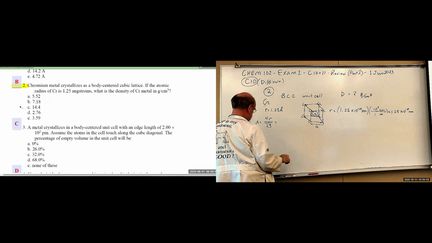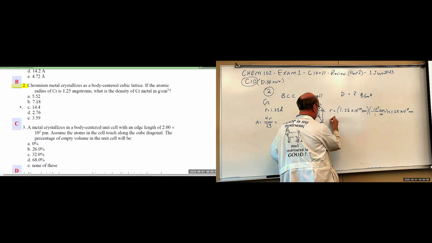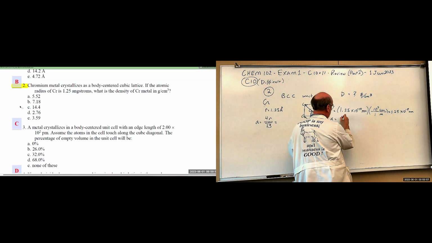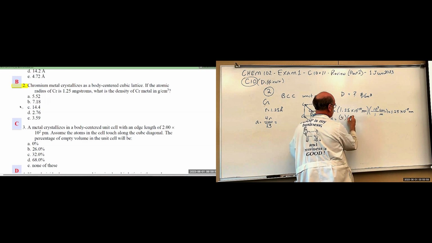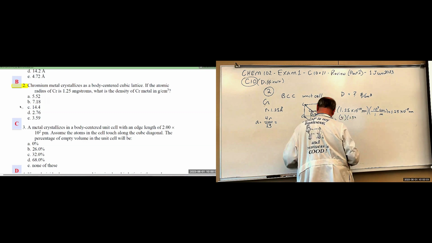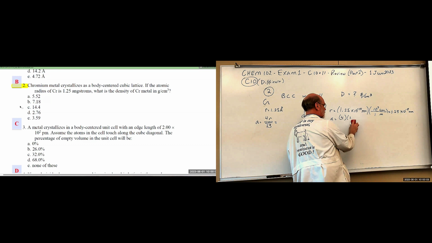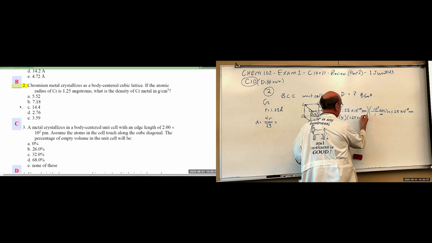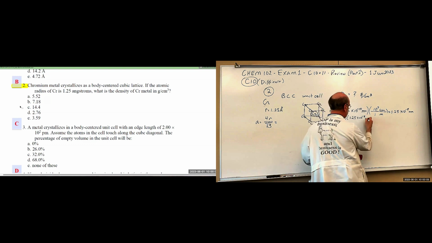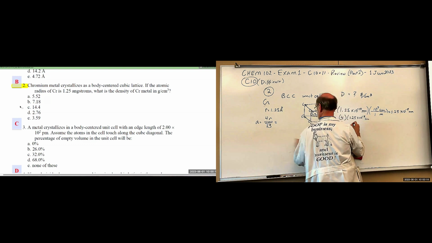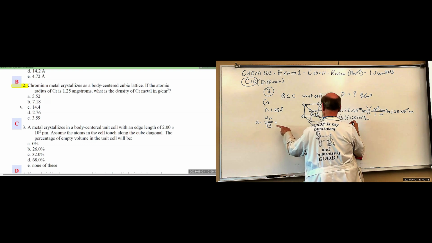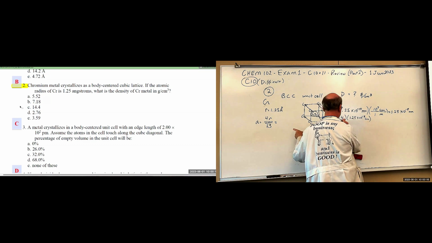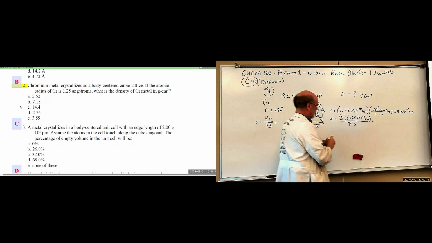Now what's A? Well, A is equal to 4 times that R value, 1.25, oops, dyslexic, times 10 to the minus 8 centimeters, divided by square root of 3. Yep.